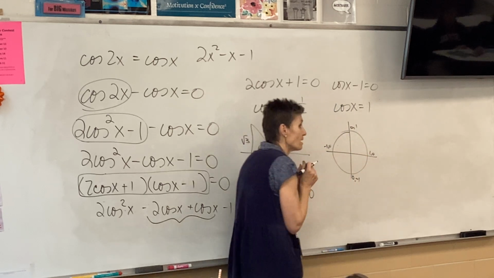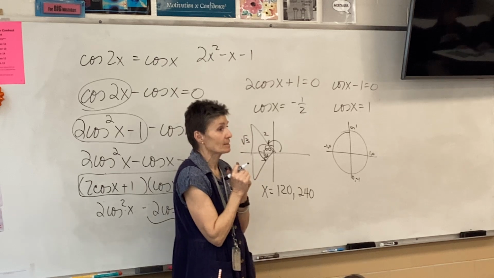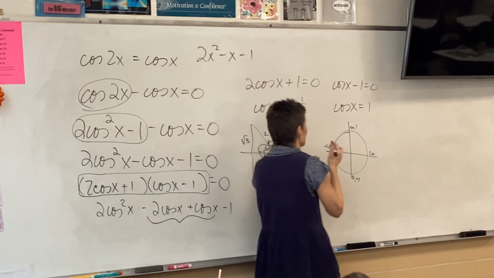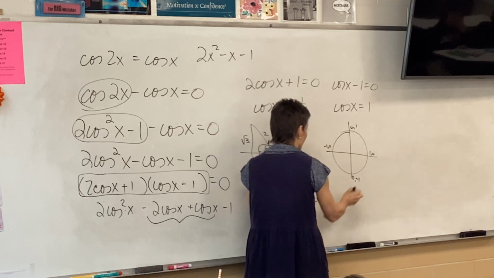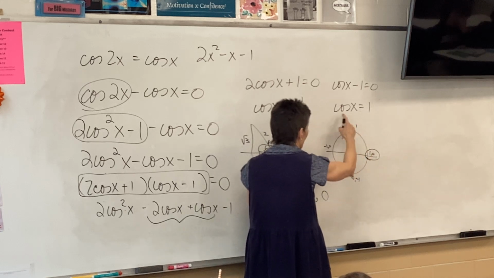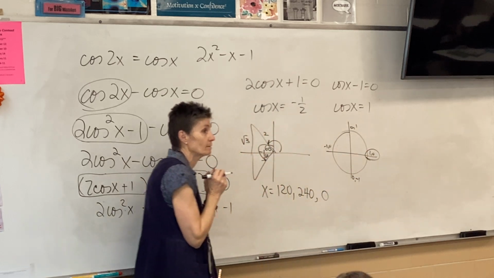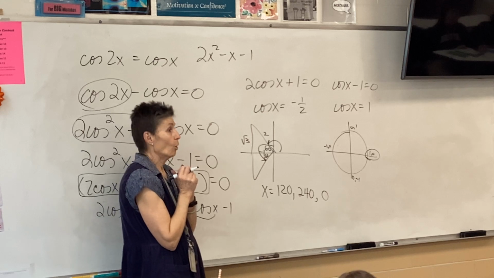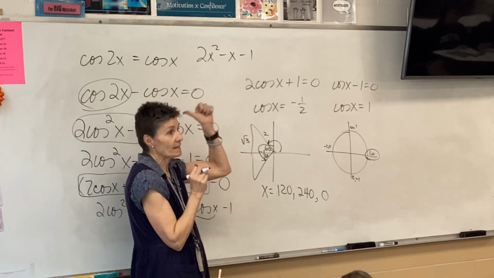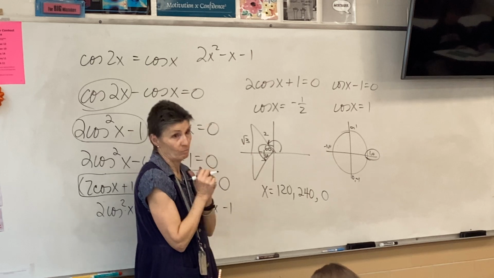So where is x over r equal to 1? 0 and 180? Only 0, because at 180, it would be negative 1.